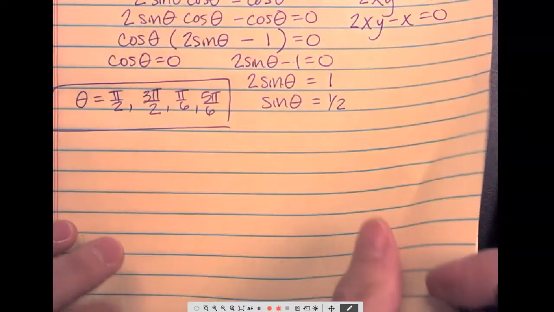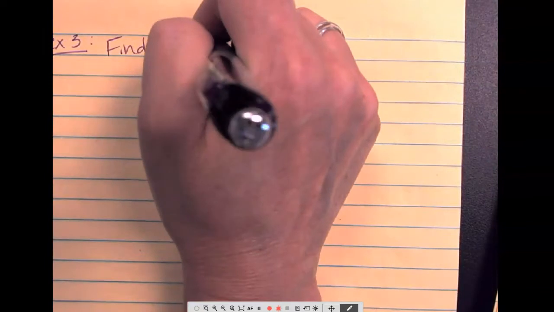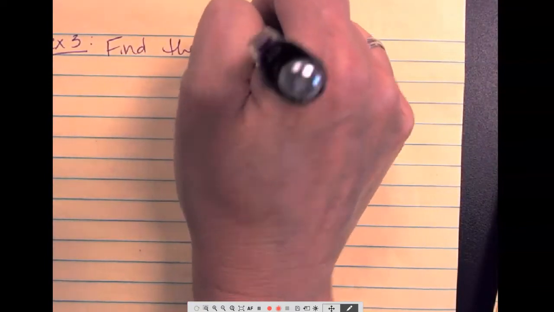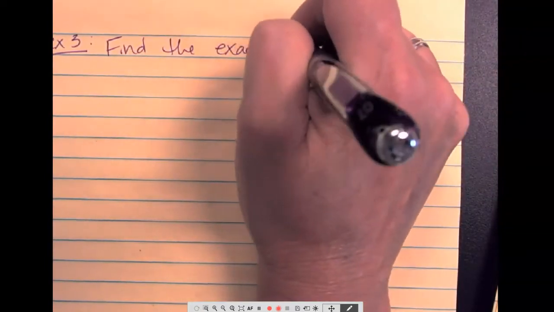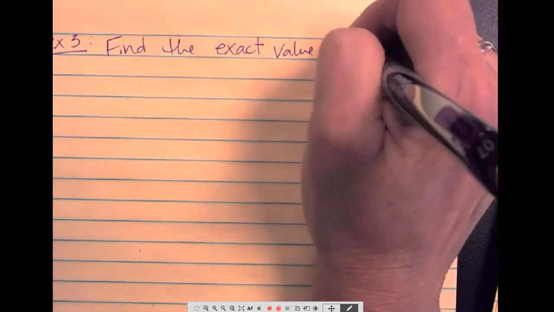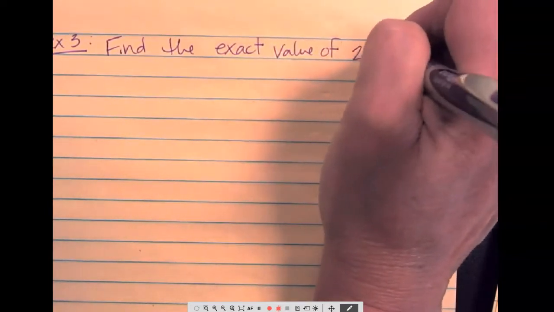Sample 3. I'm going to do some radical practice here. Find the exact value of cosine 22.5 degrees.